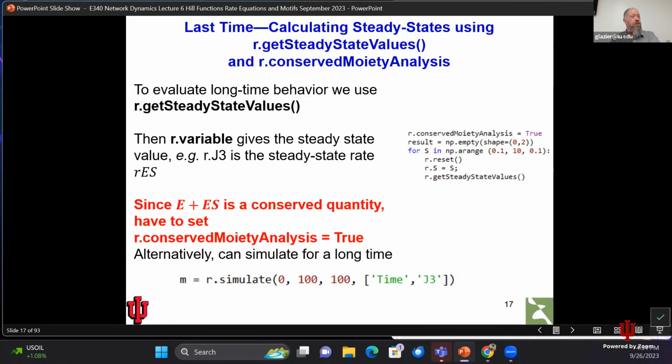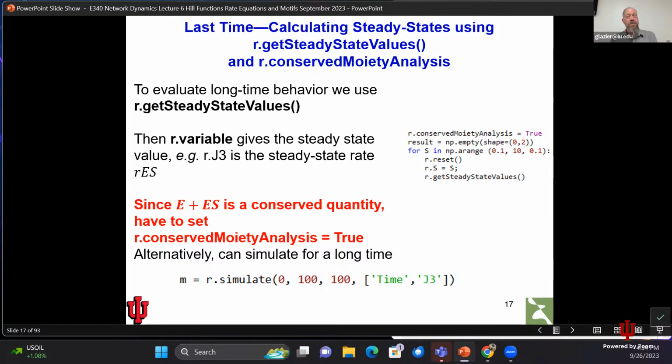And then we used that syntax to plot the value of the steady state of a particular reaction versus a parameter. And so we also used the function getSteadyStateValues inside of Antimony, and had to remember this awkward conserved moiety analysis equals true setting.